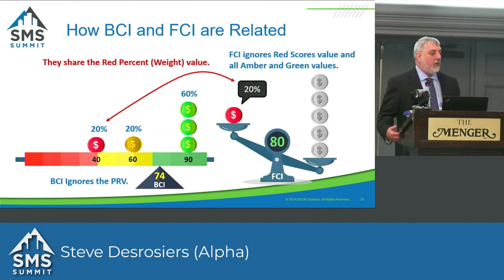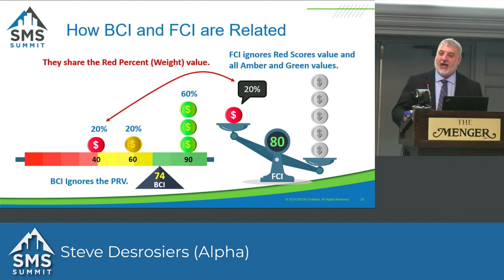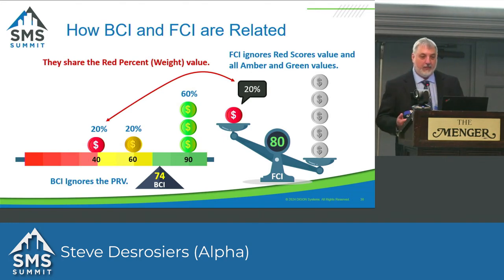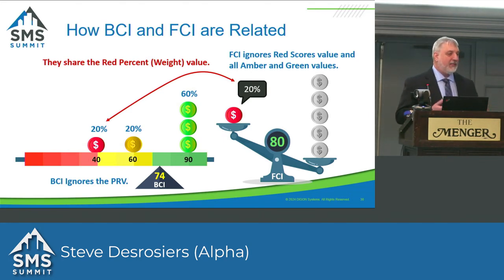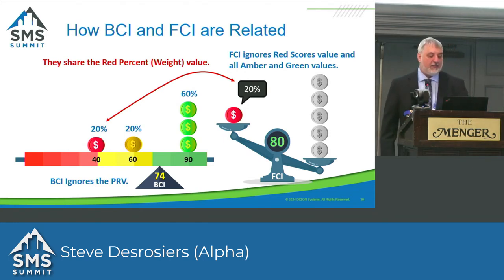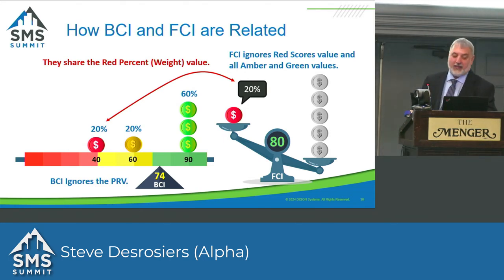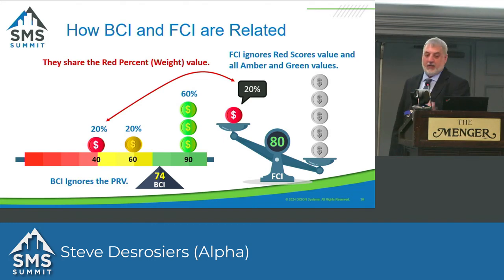Okay, so if I put the two plots together, I can show you the one way that BCI and FCI are related. The only thing that makes them related at all is if you pull the red coin off your balance beam and put it on the balance scale. That's how they're related. That's it.